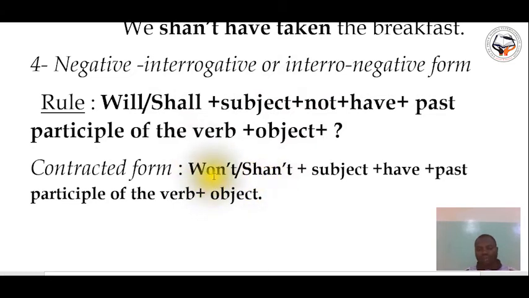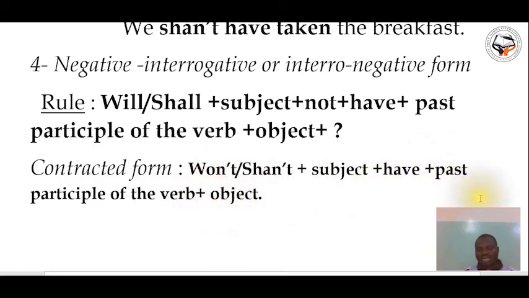So the rule now is you take won't plus subject plus have plus past participle of the verb plus the object, or shan't plus the subject plus have, that is the auxiliary to have in the simple present, plus the past participle of the verb plus the object.